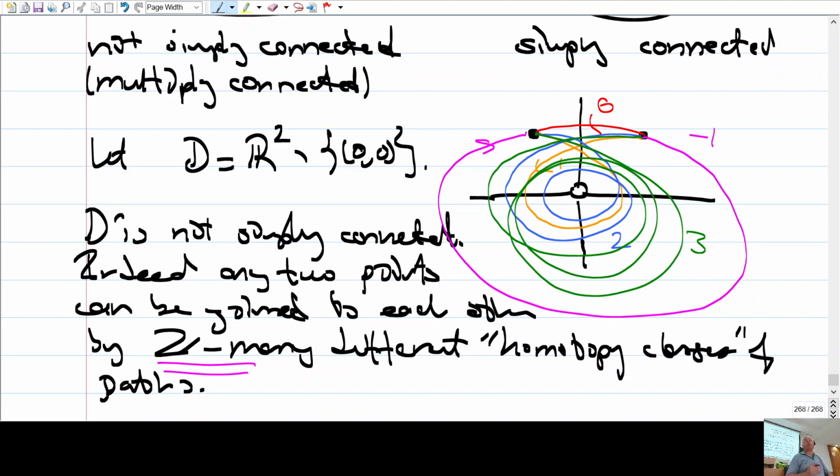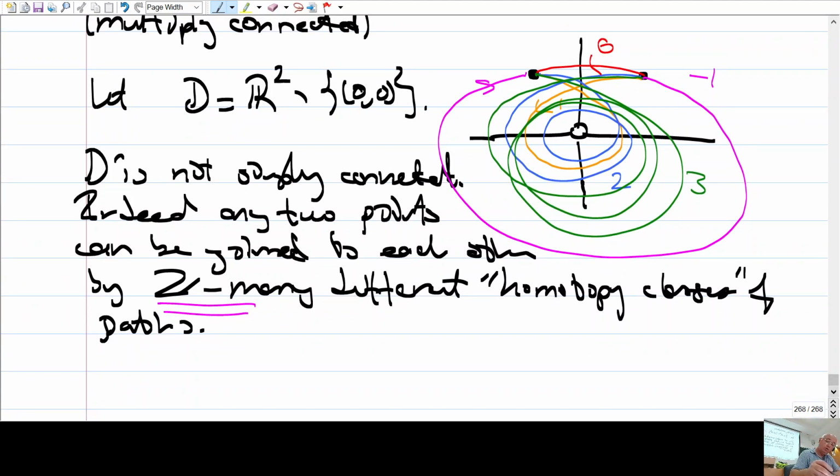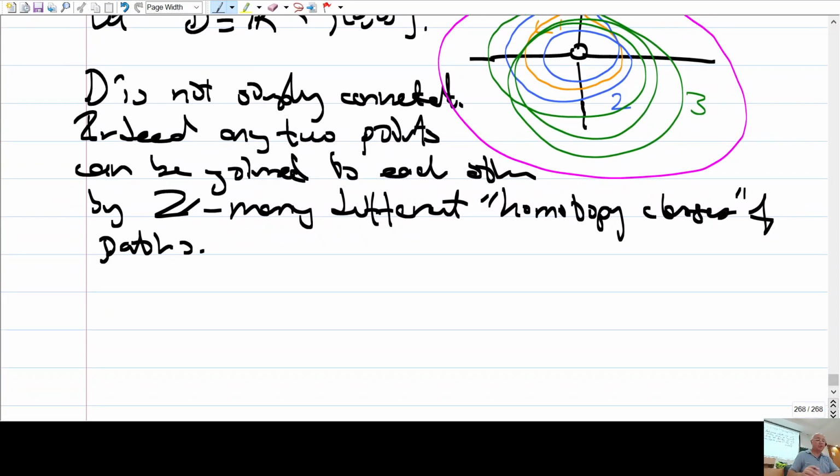It's a topic in mathematics called homotopy theory or algebraic topology, and this is called the fundamental group. So we will not go into that, but this is something actually topological. So that's why we call a region simply connected or multiply connected.